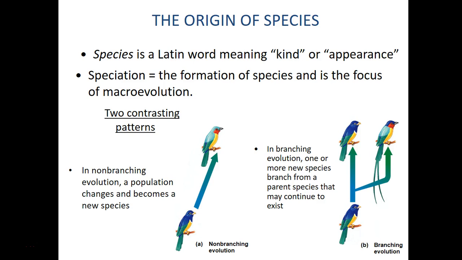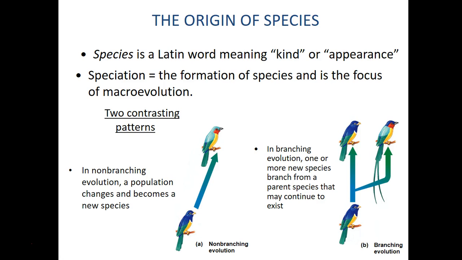So if you imagine back to population genetics and you think of your simple population, and over time you can accumulate mutations and undergo genetic drift, and you can undergo gene flow, and over time your population can morph from one form to the other. This is called non-branching evolution.